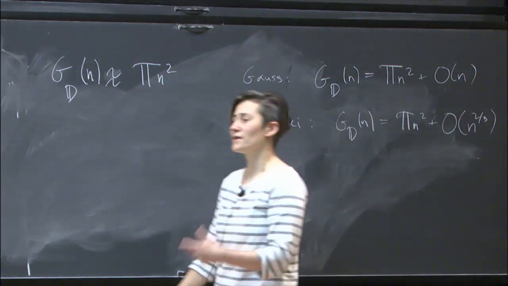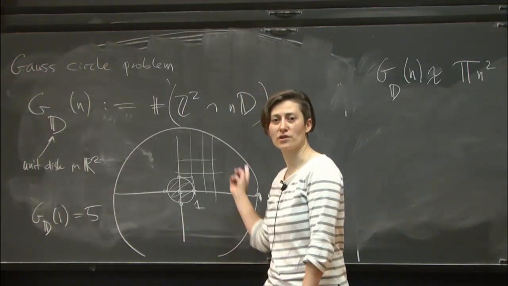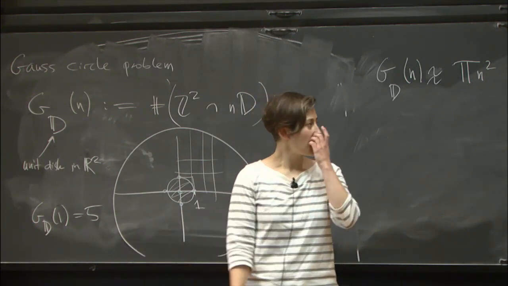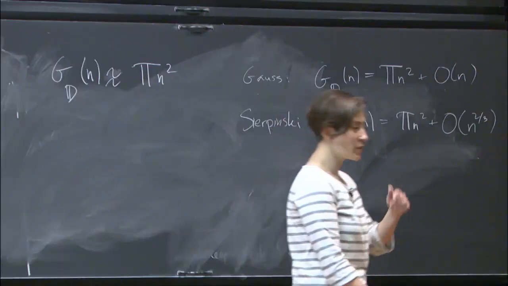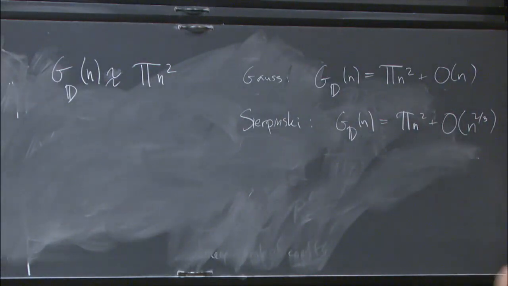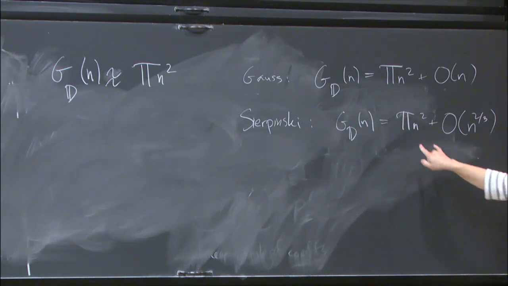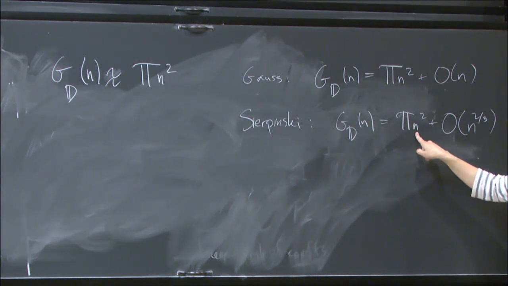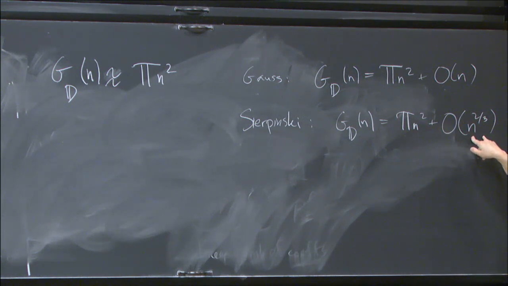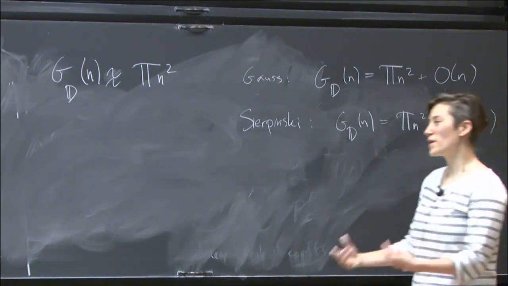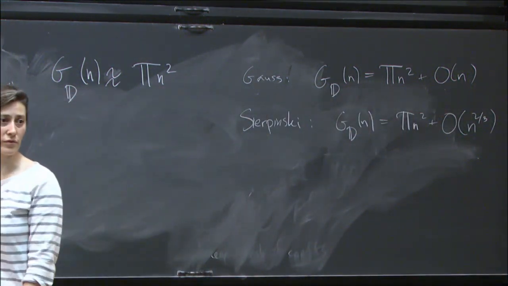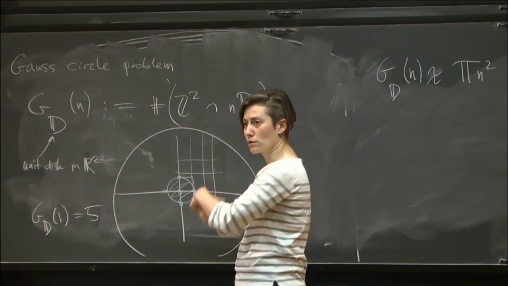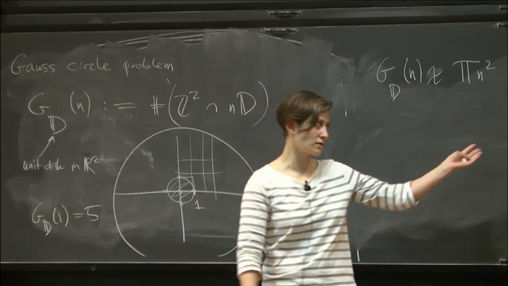And you might think, how important is it that this is actually a circle? And Sierpinski's student, van der Corput, proved the same result for sufficiently smooth boundaries. Of course, instead of pi n squared, it was area times n squared plus an error of order n to the 2/3. And if you think about this, this is basically the Riemann integrability of the region. It's saying that the boundary makes a lower order contribution, and it's kind of quantifying that.